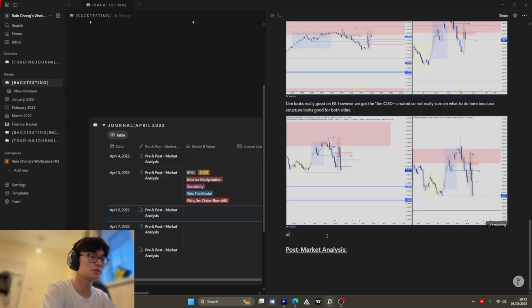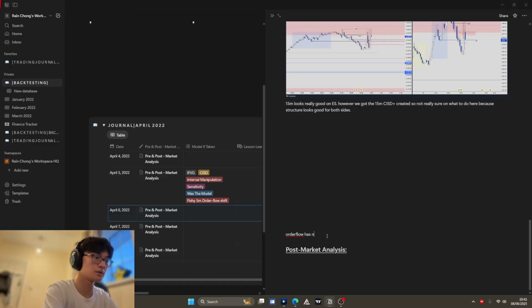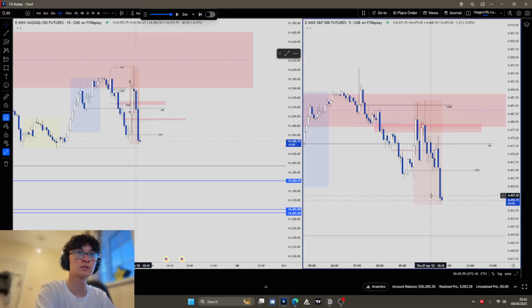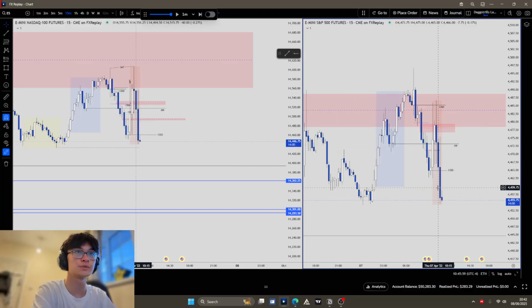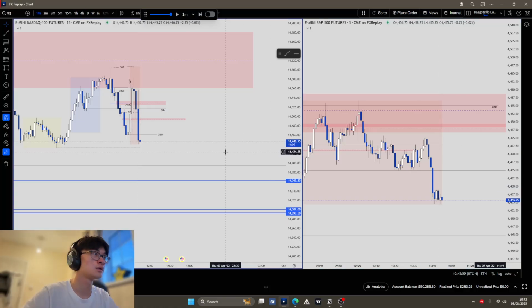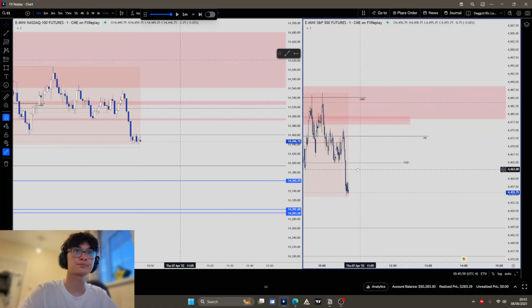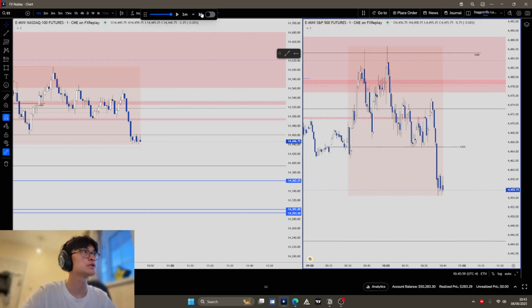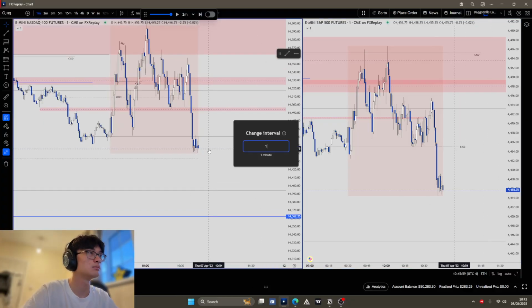Okay. Order flow is now shifted on both sides on 15. SMT is respecting bearish order flow. A bit choppy on the 5. Not that bad though. Put that here. Now let's see if we get a model.